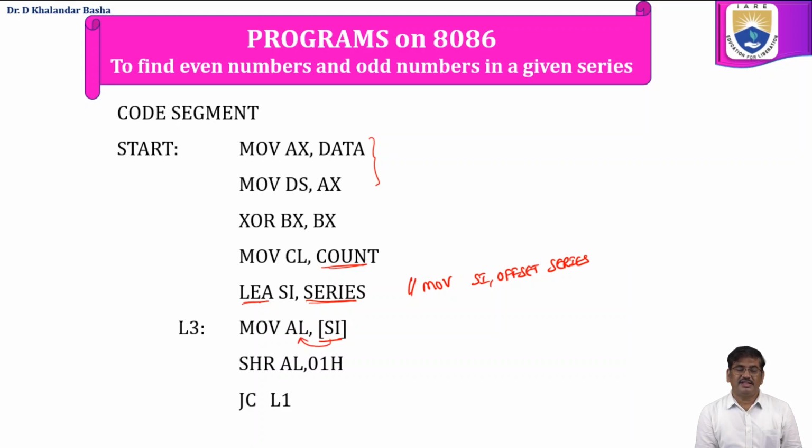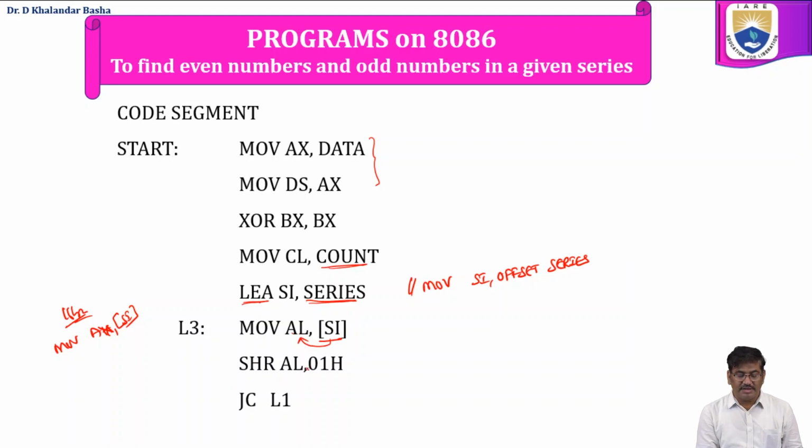So in this case, if it is 8-bit, we will place AL. If it is the 16-bit case, we will write this as MOV AX, [SI]. Two memory locations will be fetched. If it is 8-bit, MOV AL, [SI]. So this program is written for a data size of 8-bit, which we can extend for 16-bit also. In that case, you can change this to AX.